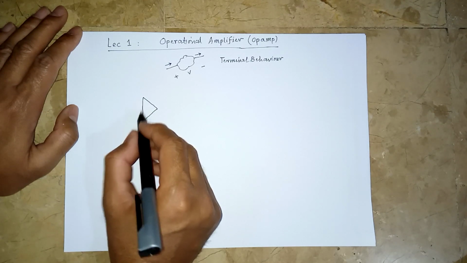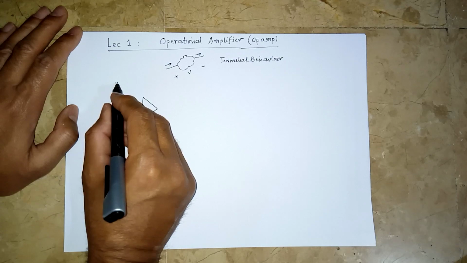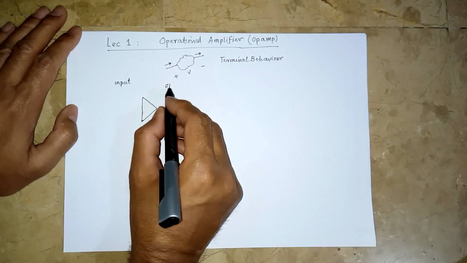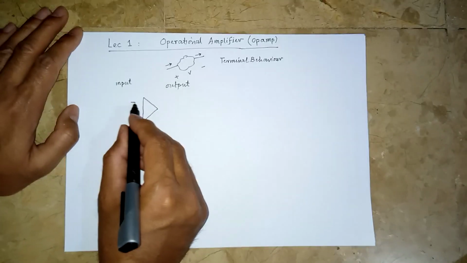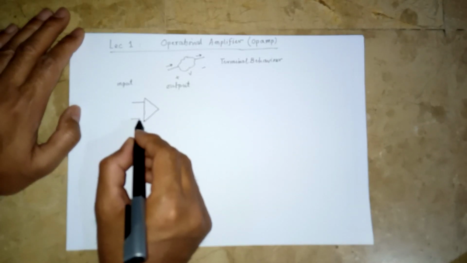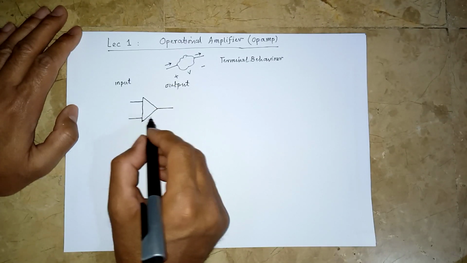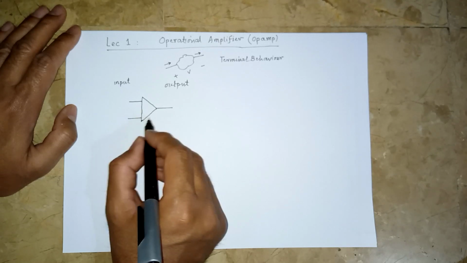Instead, it is represented by this triangular symbol, and it has an input side and an output side. The input side has two terminals and the output side has one terminal. Overall, it's not a two terminal device, but we will consider it to be a three terminal device.